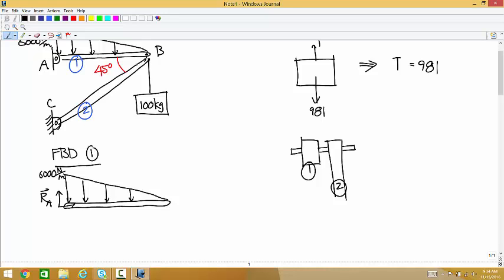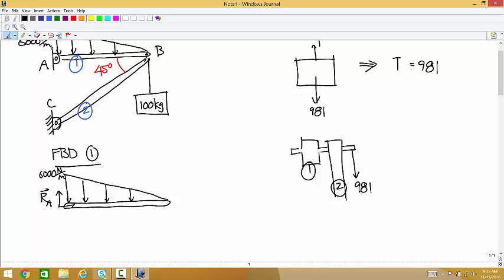And then you'd also have that downward force acting on the pin of 981. We just figured out that that tension force is 981. We treat the pin like it's part of the lowest numbered member.